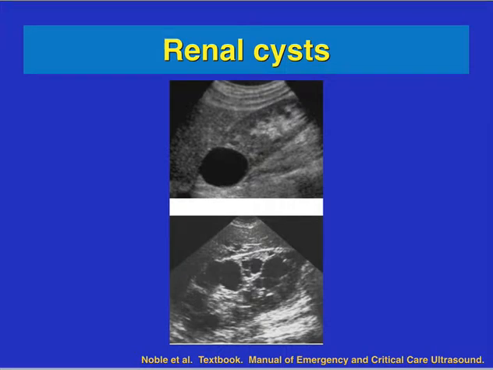Here's a renal cyst. You can see the renal cysts show up as nice circular anechoic collections. Here are multiple renal cysts. You can differentiate this from hydronephrosis in that the location is different. Usually the cysts are more peripheral.